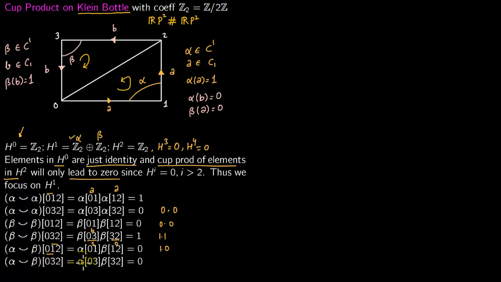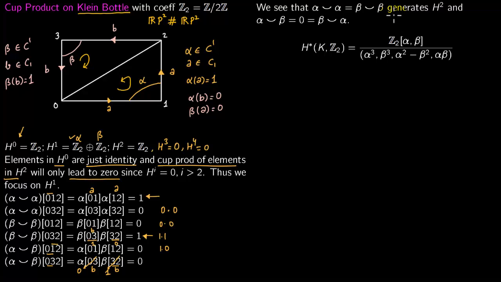Alpha cup beta on 0, 3, 2: alpha acts on 0, 3 and beta acts on 3, 2, both B. Alpha acting on B gives 0, so 0 times 1 gives 0. So we see there are only two non-zero items: alpha cup alpha, and beta cup beta. So alpha cup alpha is equal to beta cup beta.